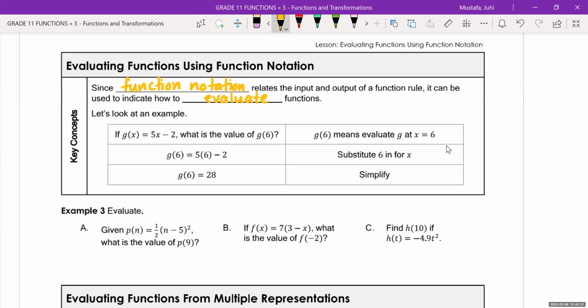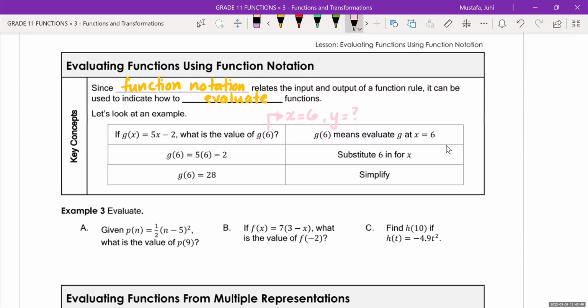If g of x is equal to 5x minus 2, what is the value of g of 6? Whenever you see something like this, what it means is they're asking you, when x is equal to 6, what is y equal to?